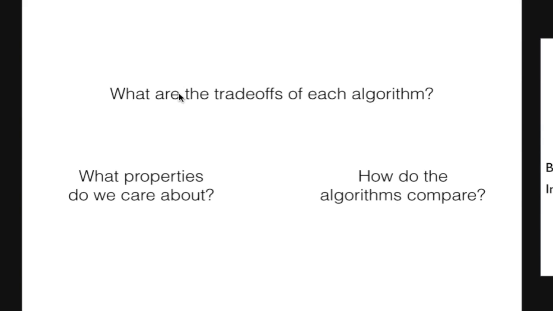What's my generic answer to everything? It depends. Okay, we're paying attention. Good. So what does it depend on? Space complexity. So the different algorithms have different space requirements. What else?